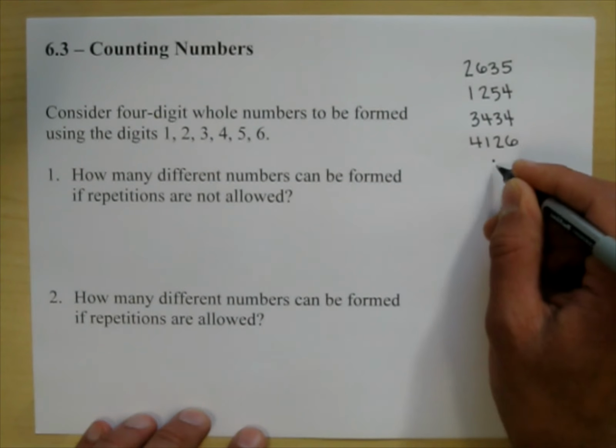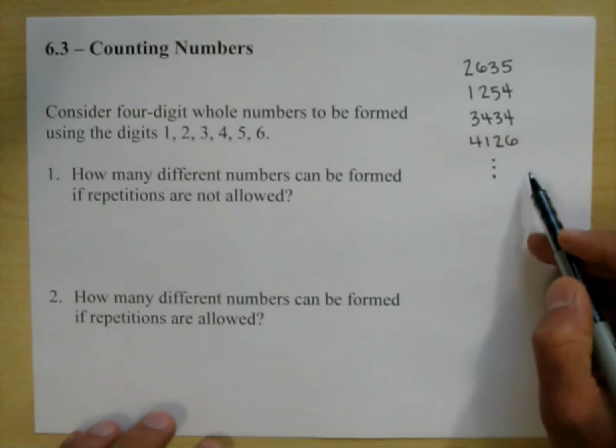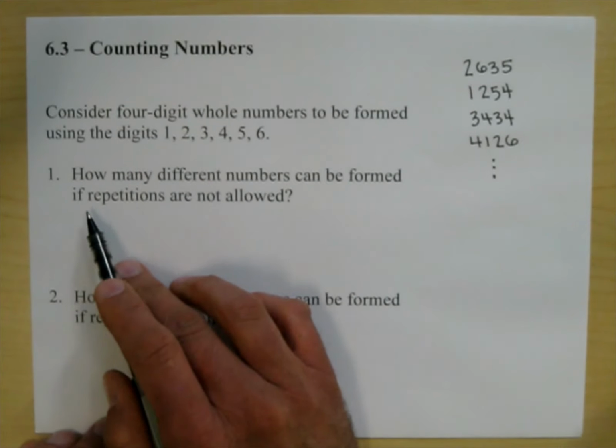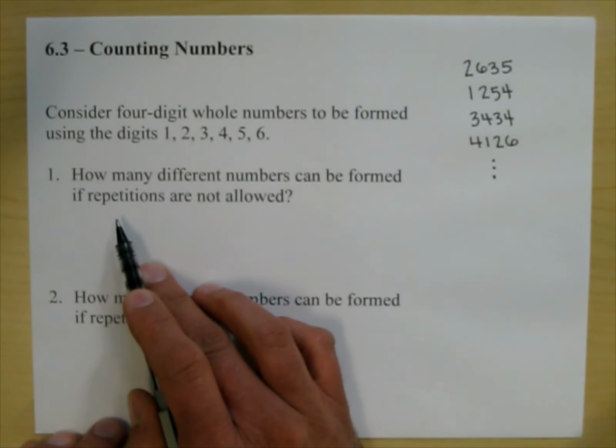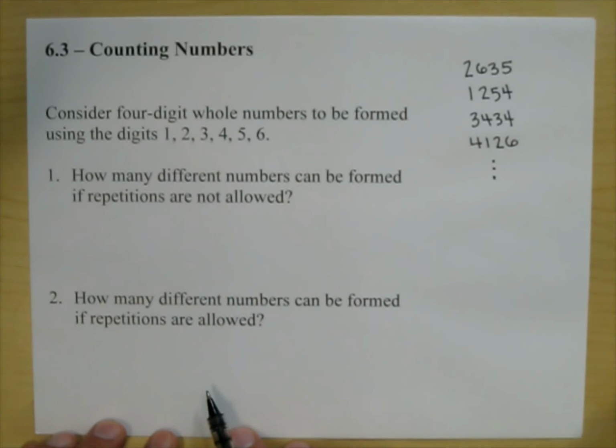So there's a lot of these numbers, and we're going to count these numbers, and we will look at repetitions are not allowed, repetitions are allowed. You might be able to do these first two problems.